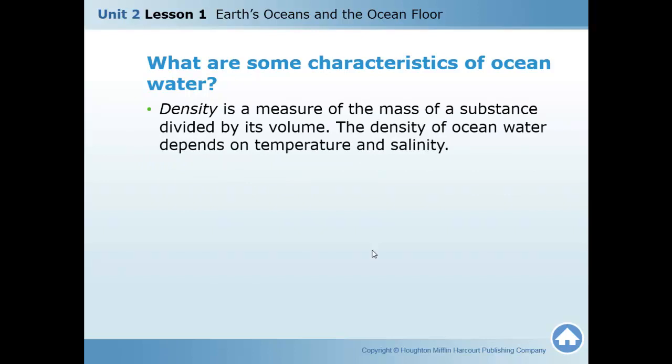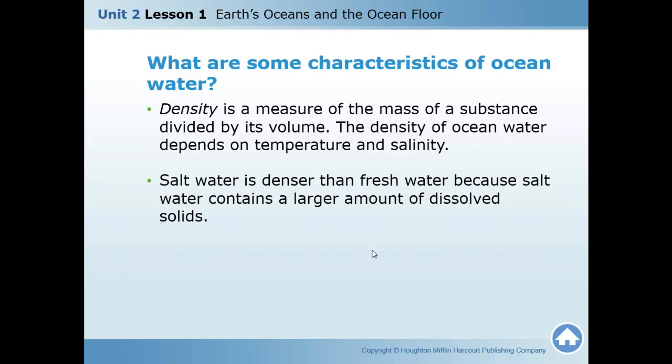Density is the measure of the mass of a substance divided by its volume. The density of the ocean water depends on the temperature and salinity. Salt water is denser than fresh water because salt water contains a larger amount of dissolved solids.